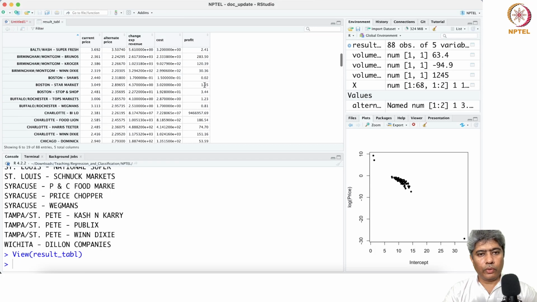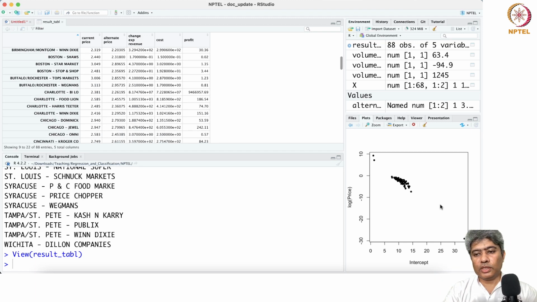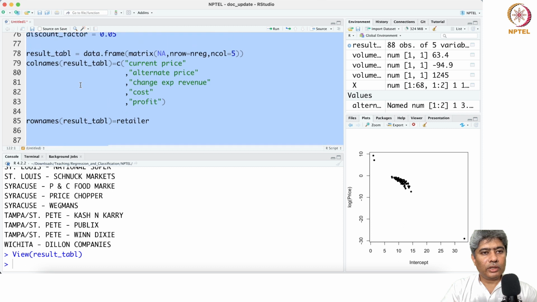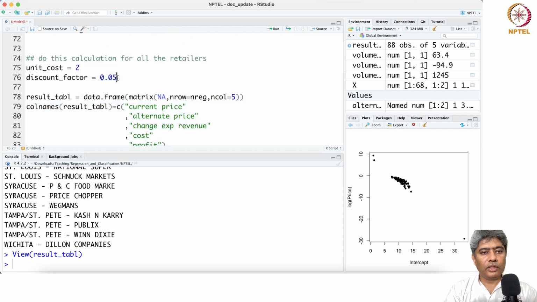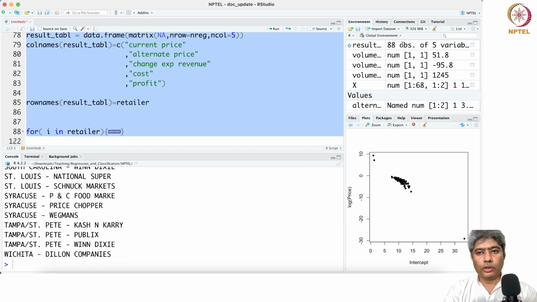Why, I don't know. Maybe there could be some issue with the coefficient. Remember that maybe this is one of the outlier coefficients that is getting reflected. But now, instead of 0.05, if I just give 1% discount, let's see what happens.